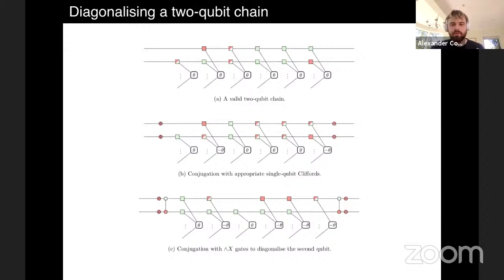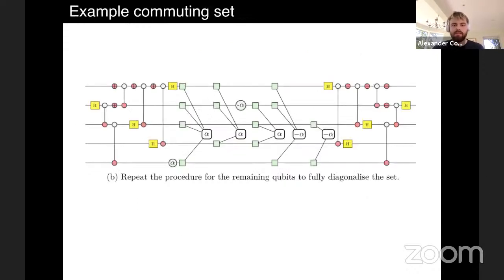Okay, so we want to find these compatible pairs, and given some example commuting set, we do this repeatedly. Note that not all pairs are compatible. We have done a little bit of work on finding cases where this isn't possible, where we require more than n CNOTs on either side to diagonalize a set.